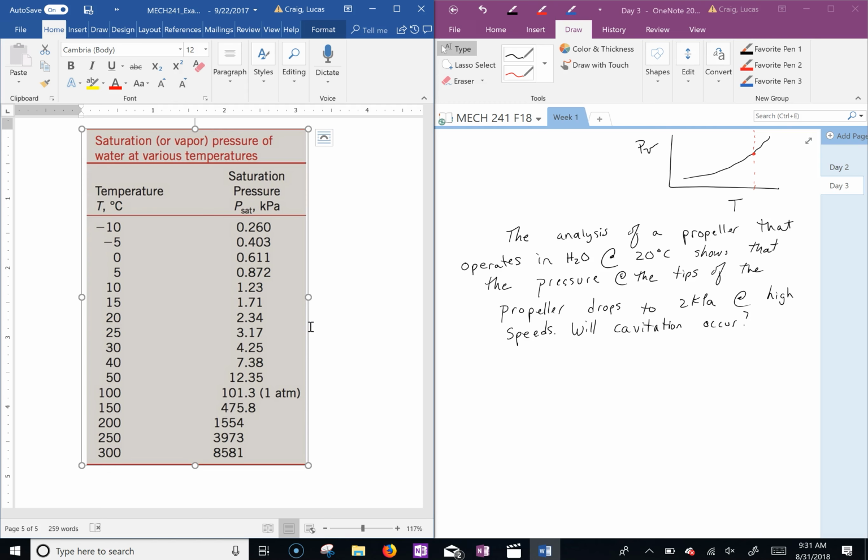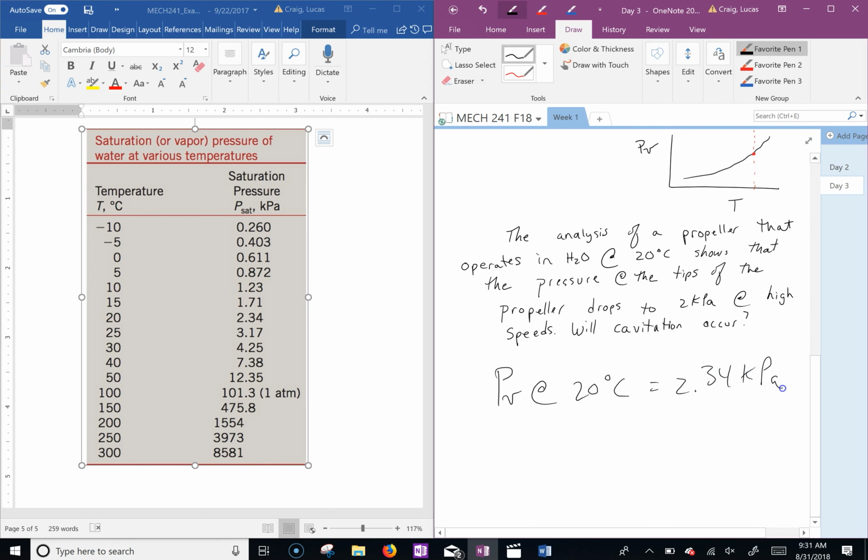The vapor pressure at 20 degrees C is 2.34 kilopascals. And since the pressure we've noticed is lower than that, yes, danger. There will be cavitation. Later on, next week, we'll talk about pressure and how you can measure it.